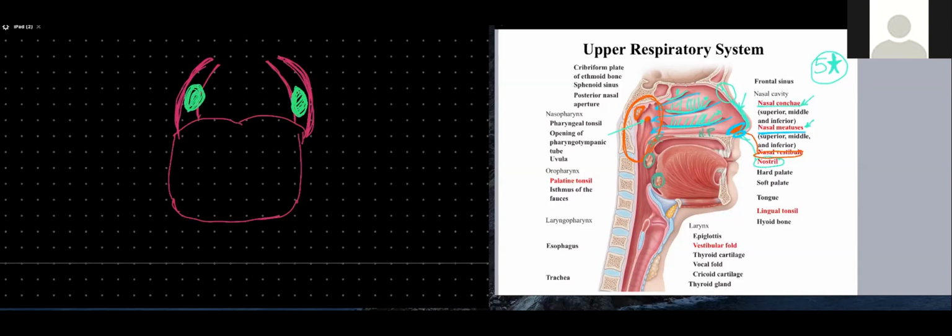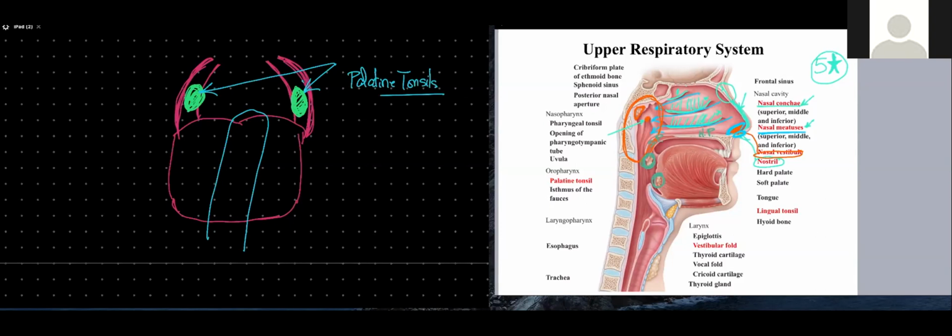So when you go to the doctor, when you have flu or an infection, he will ask you, especially in children, to protrude your tongue, and with a tongue depressor, it's going to be depressing your tongue to check if you've got inflammation of those tonsils or not. All right, those are my palatine tonsils. These are the ones that you can see on here in the oropharynx.